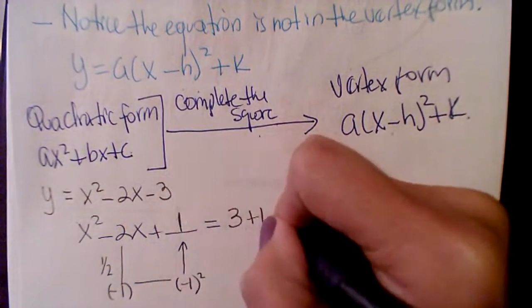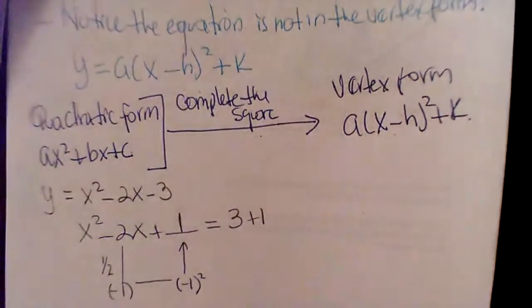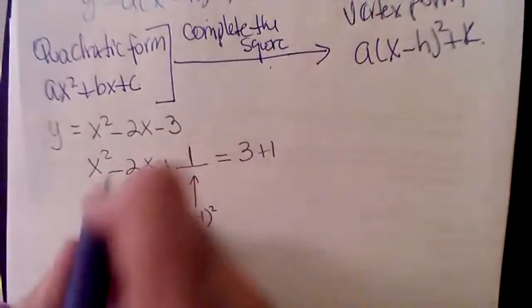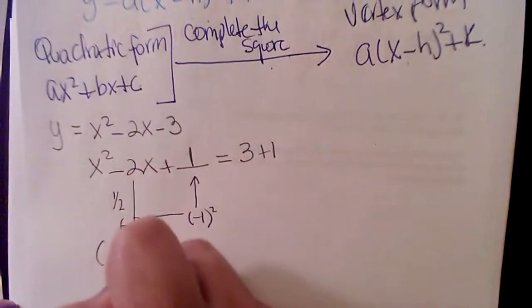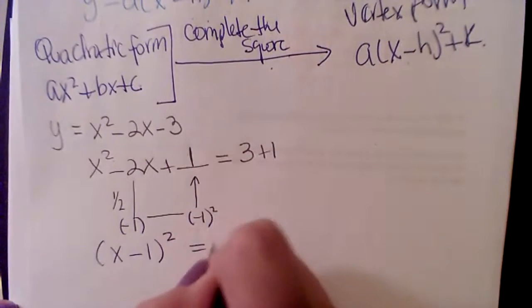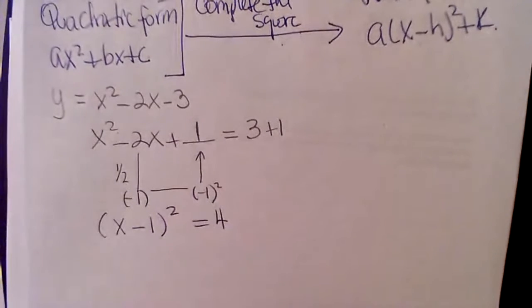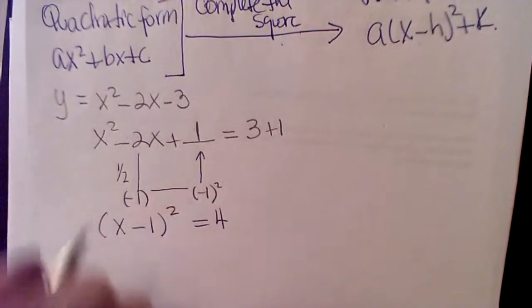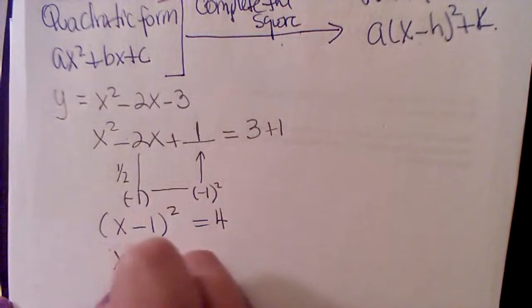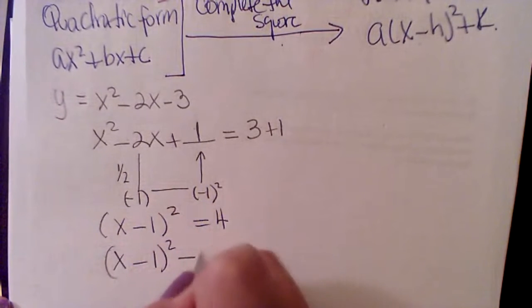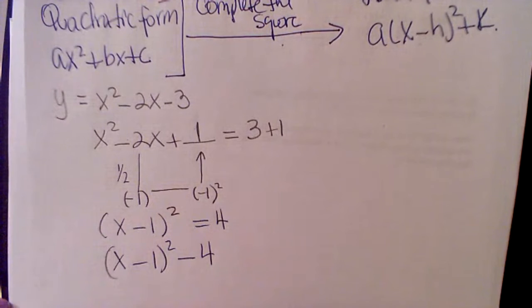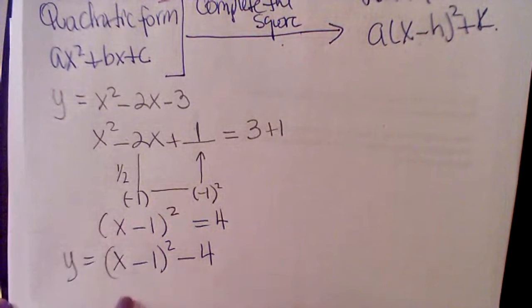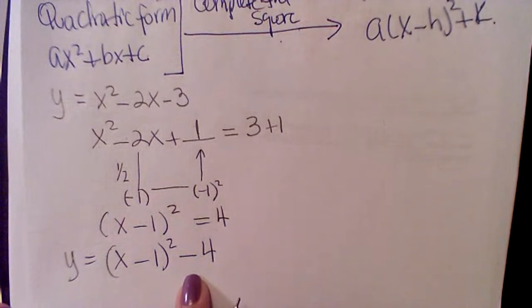Whatever I add here, I need to add it on this side. Now, let me factor this. X minus 1 squared equals to 4, right? And because we're moving it to this side, it's going to be x minus 1 squared minus 4. So y is equal to x minus 1 squared minus 4.